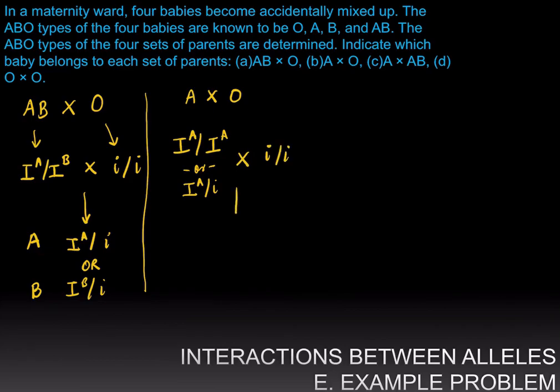In this case we have 2 types of progeny that are possible: IA over i or little i over little i, depending on whether the A parent is an IA over IA homozygote or an IA over little i het. And so we could get either the A or the O.